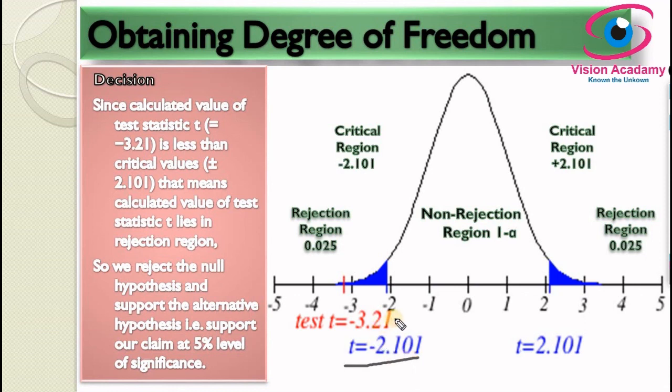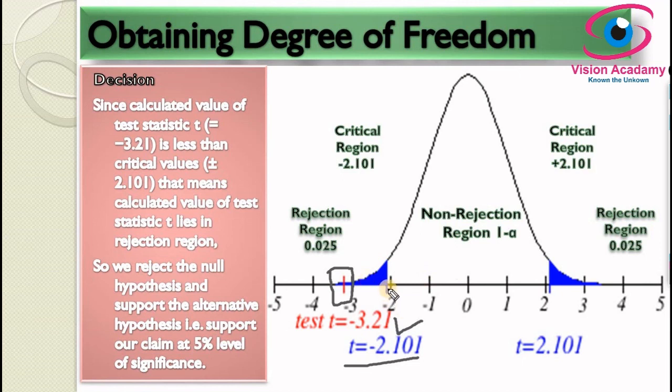Our tested value is minus 3.21, and here we can see that minus 3.21 falls on the left side of the sampling distribution. This red line is minus 3.21, which clearly shows us that the test statistic is falling in the rejection region of the sampling distribution.